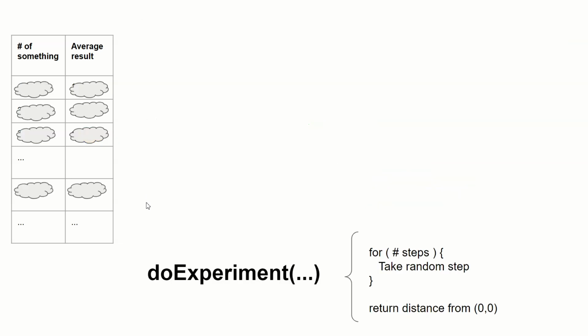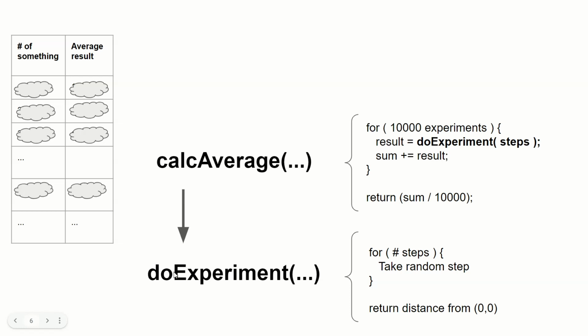So where we ended was this way of breaking the solution apart into pieces. We had a method called do experiment, or whatever you want to call it, where we're going to take a number of steps, step at random, and then calculate the distance. And then we're going to run that method over and over and over again. We're going to run it 10,000 times. And this method is just about calculating the average outcome. So we don't actually take steps in here.